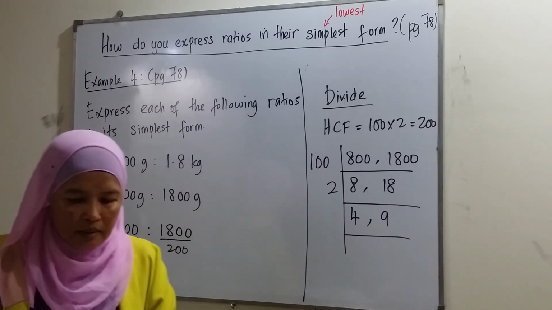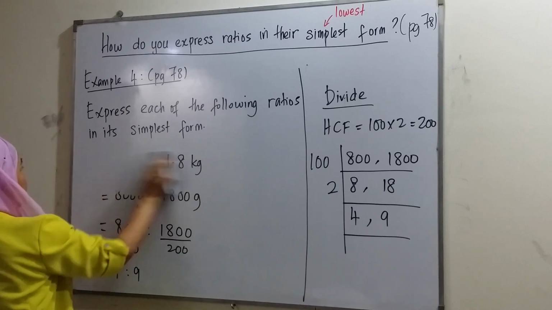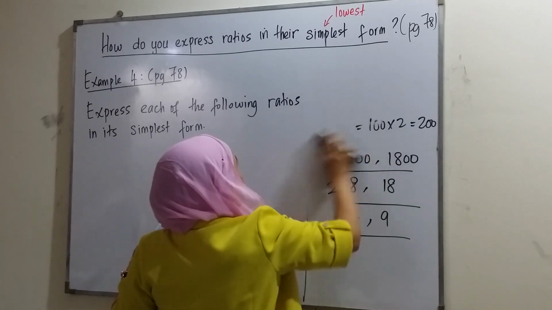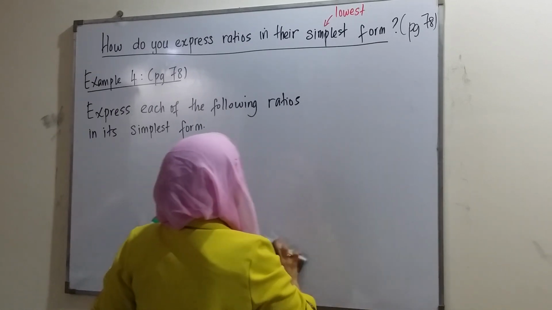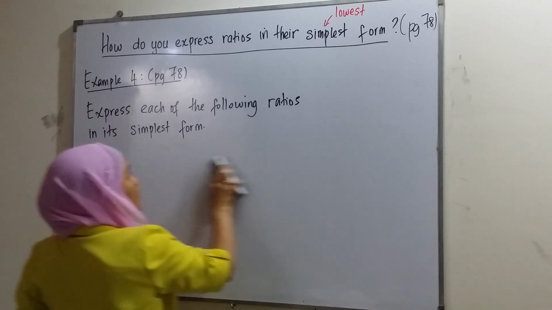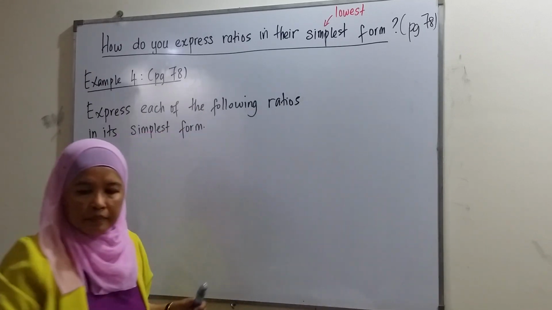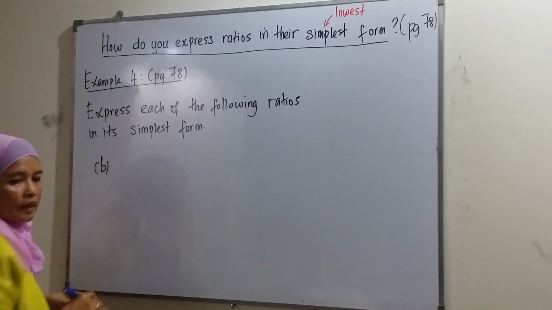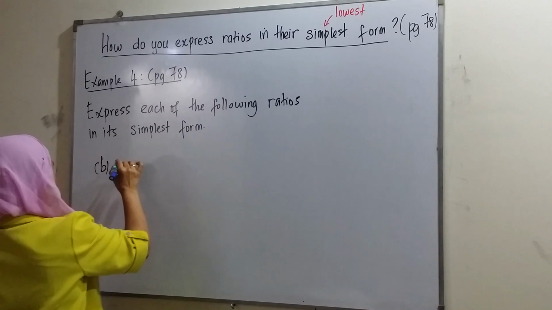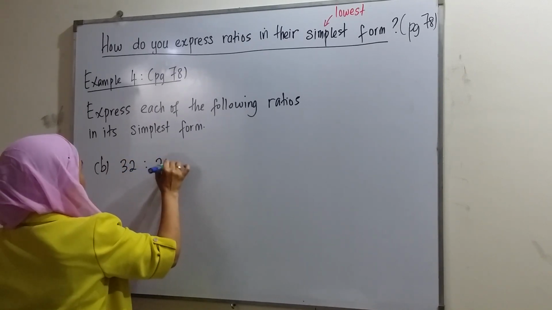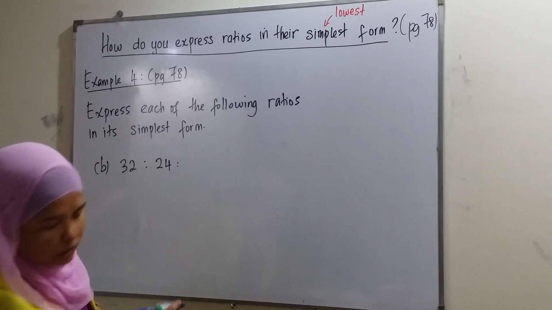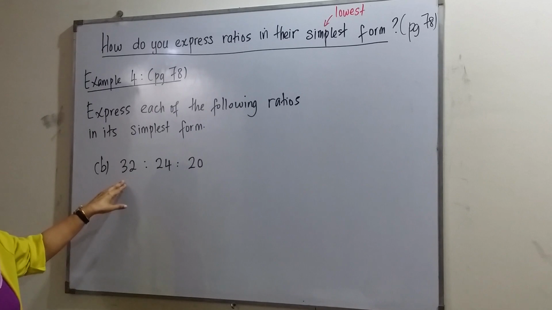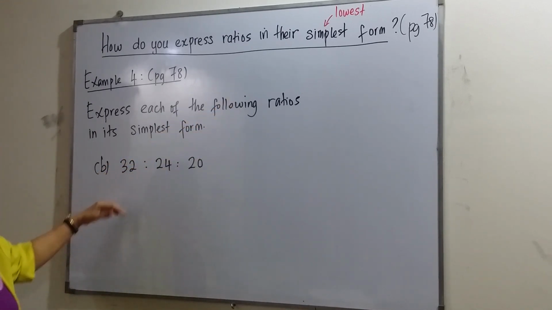Okay, next example B. 32 ratio 24 ratio 20. Okay, this is a big number. So, to change to simplest form, we have to divide.